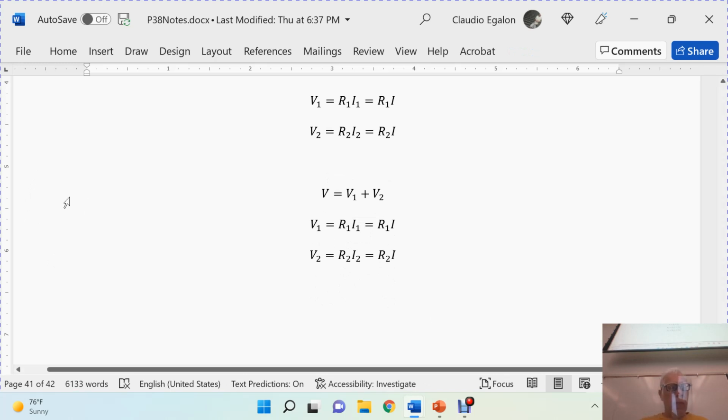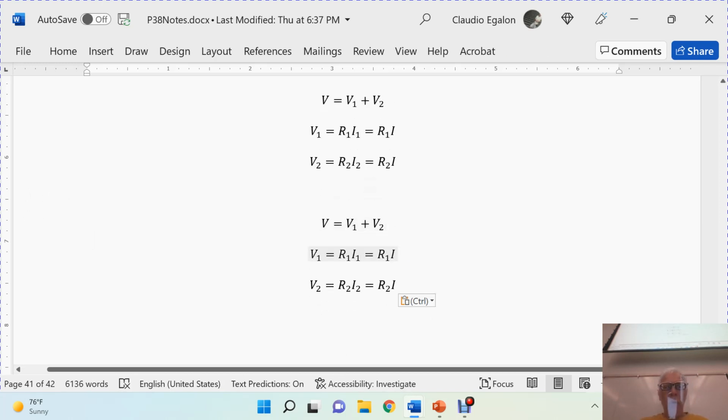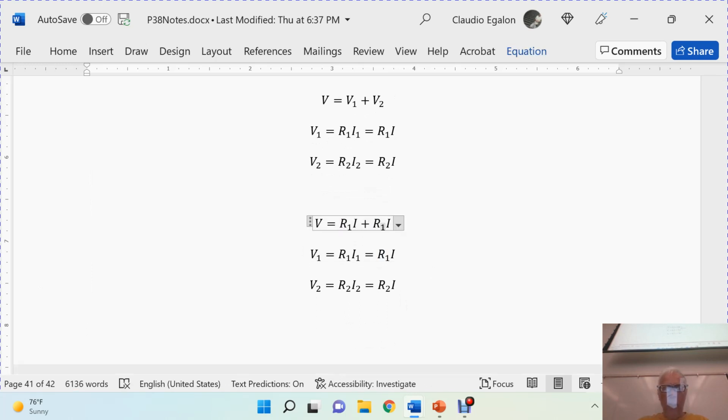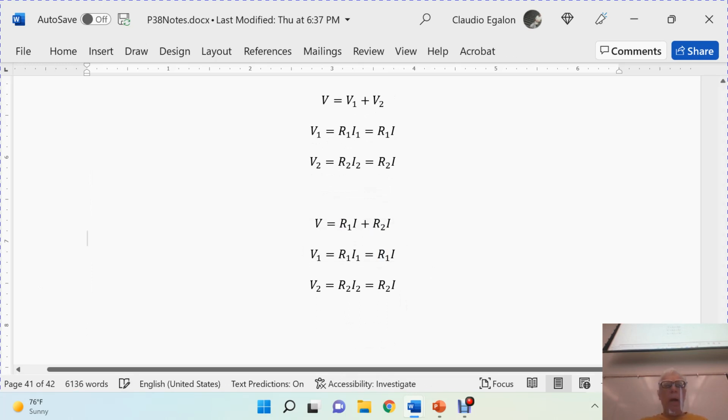I'm going to use those last 2 equations right in here, and now I can finish my problem.